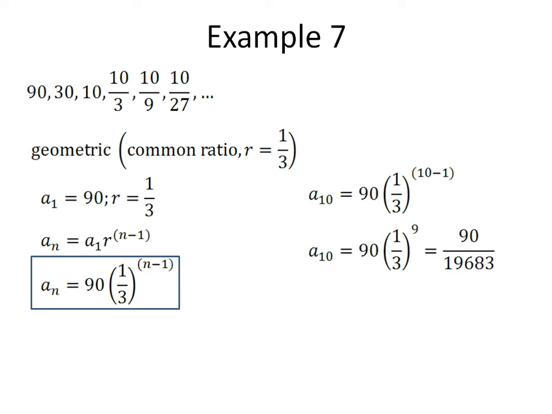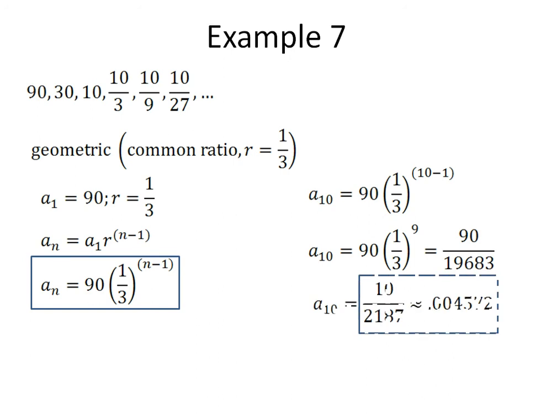So this is going to be a sub 10 is equal to 90 times 1/3 to the 9th power, which gives us 90 over 19,683, which will reduce. So we go ahead and reduce this, and it gives us 10 over 2,187, or approximately 0.004572. In this case, the preferred answer would be the fraction.